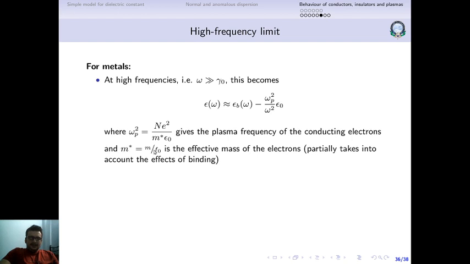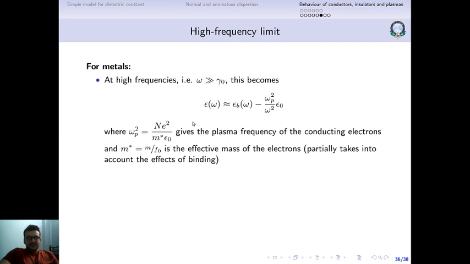The electrons will have more inertia in this case, and that is equivalent to saying that it feels the effect of binding.